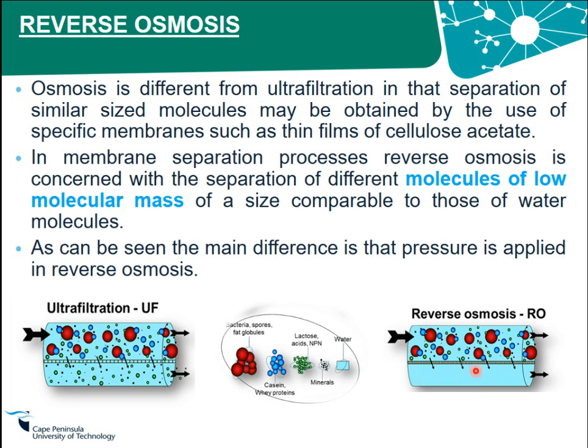So this is basically how it will go. If you look at ultrafiltration, you still have proteins here, lactose, non-protein nitrogen, and then you've also got minerals. But with reverse osmosis, you are only extracting water or similar sized molecules. Right.